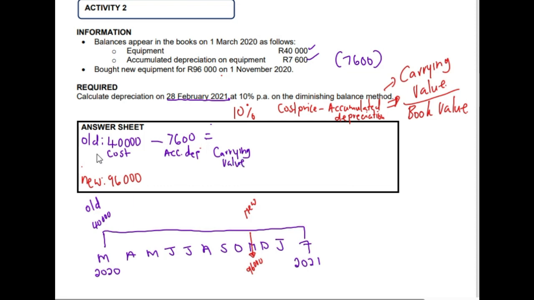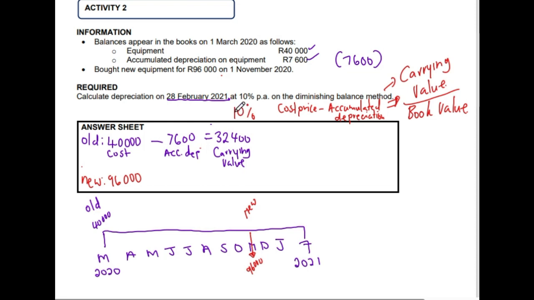We say 40,000 subtract 7,600, and our carrying value is 32,400.